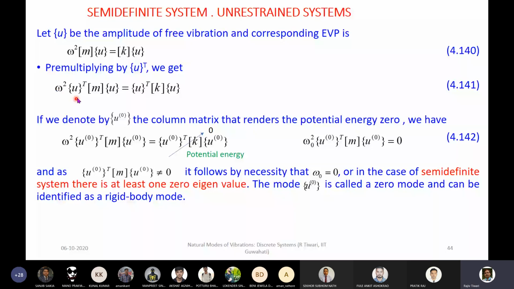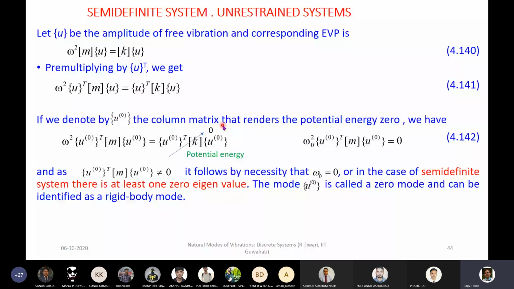Now we are thinking of a column matrix, a displacement we are giving, which is making the potential energy 0.